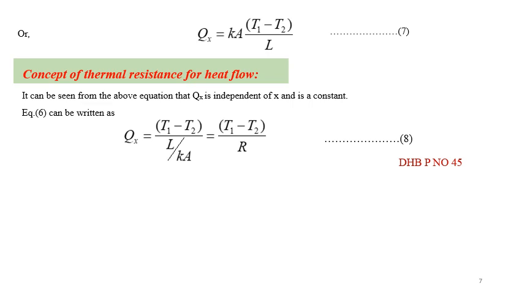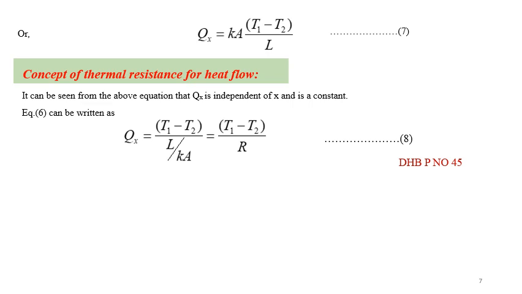Flow of electric current is directly proportional to potential difference. Similarly, heat flow rate is directly proportional to temperature difference, which is the driving potential or force for heat conduction, isn't it? So heat transfer is directly proportional to temperature difference.